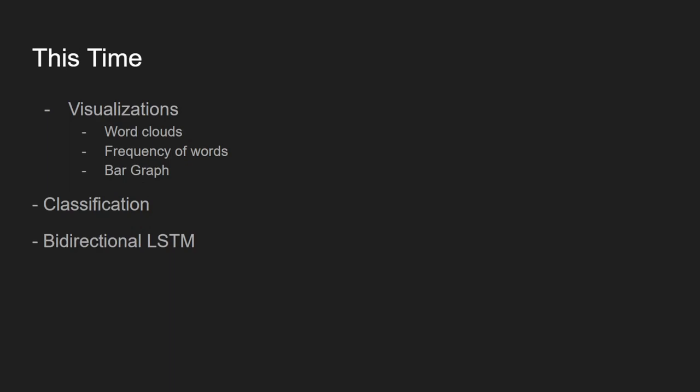So for this time, we're going to show you visualizations that we worked on, and Vatzel is going to go over the bidirectional LSTM algorithm model that you went over.